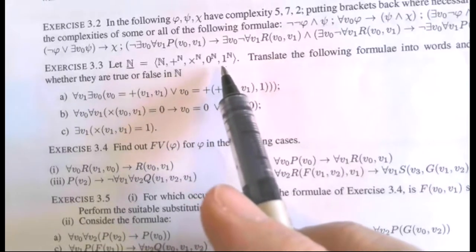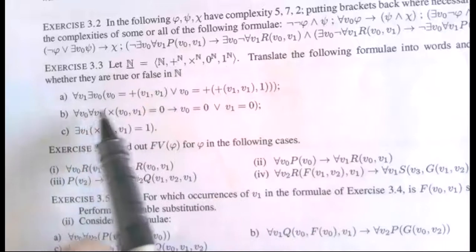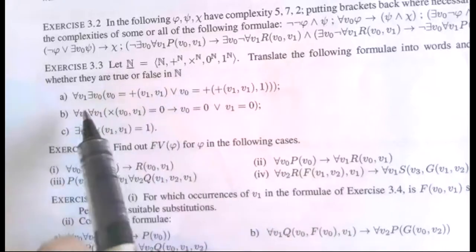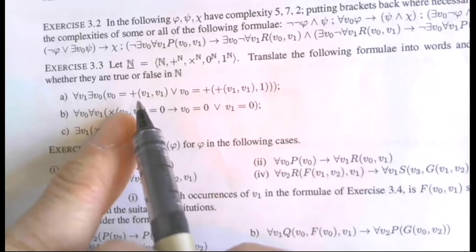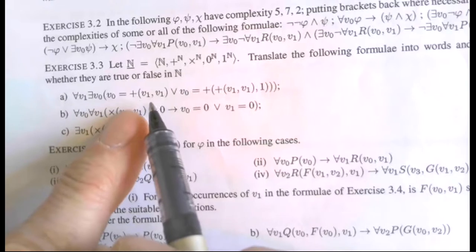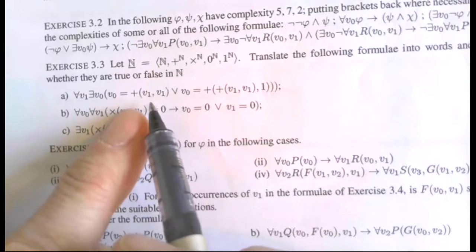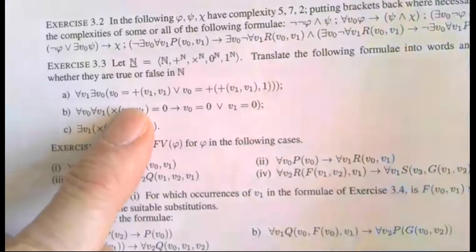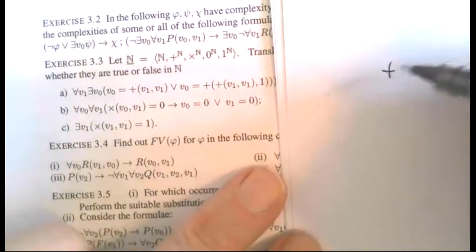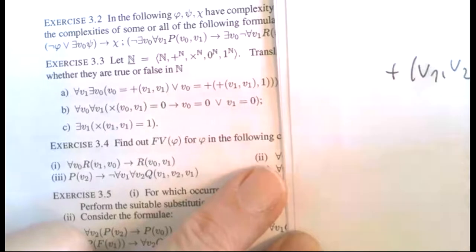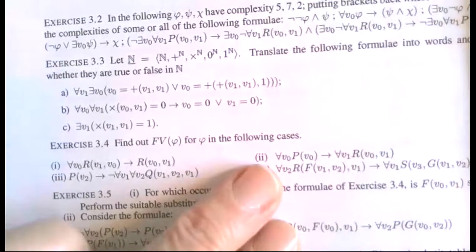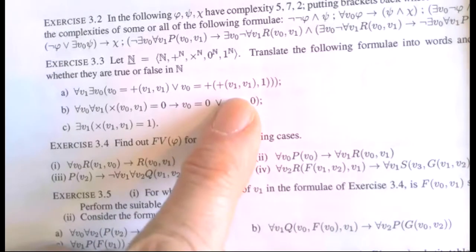We've got 2 constants in there, 0 and 1. Of course, plus and times, the usual thing. And formally, I've written plus in its official version, whereas normally we would write plus v1, v2 as just v1 plus v2. And here I've got v1 plus v1 plus 1.